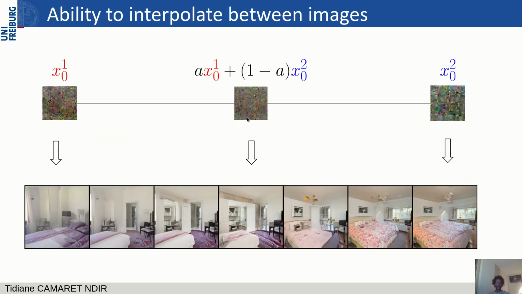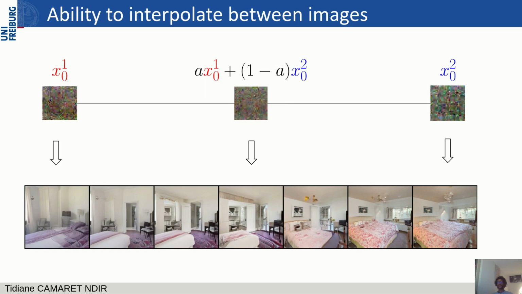With DDIMs, it's also possible to perform interpolation between images. For example, by doing linear interpolation between two images, and then using the results as an input for the generative process. This was also possible with the DDPMs, as you also have a latent state that you can interpolate between.